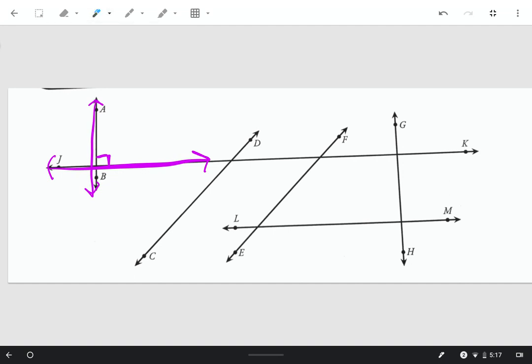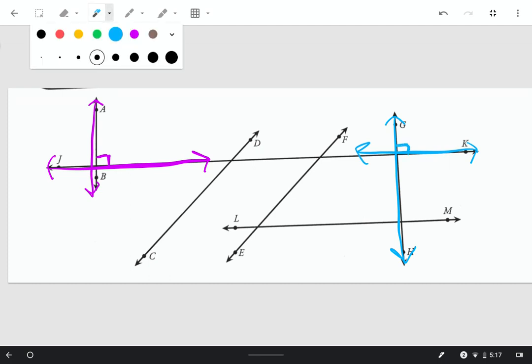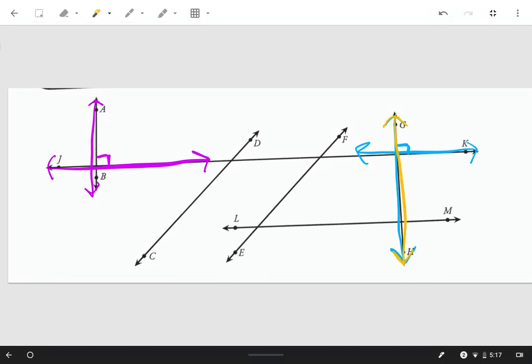Well, I see line GH right here also intersects line JK, and it creates a 90-degree angle. And then line GH also crosses line LM and creates a 90-degree angle there.